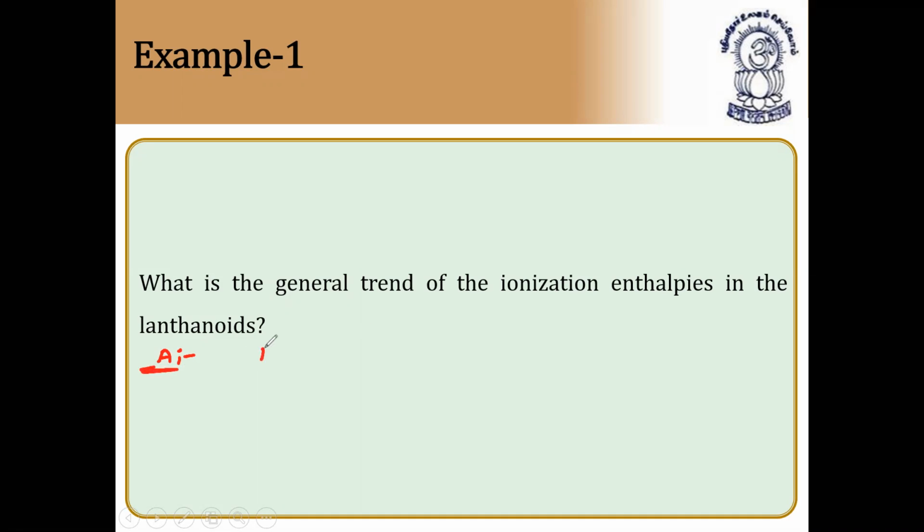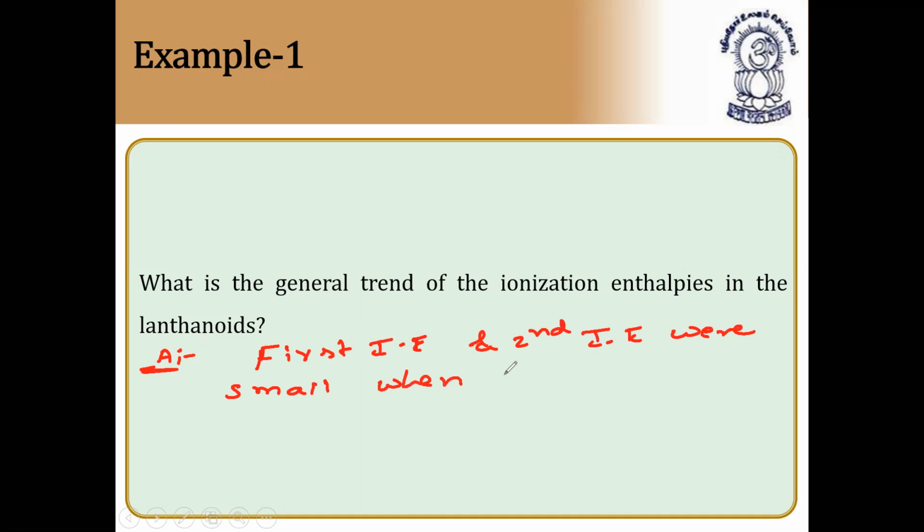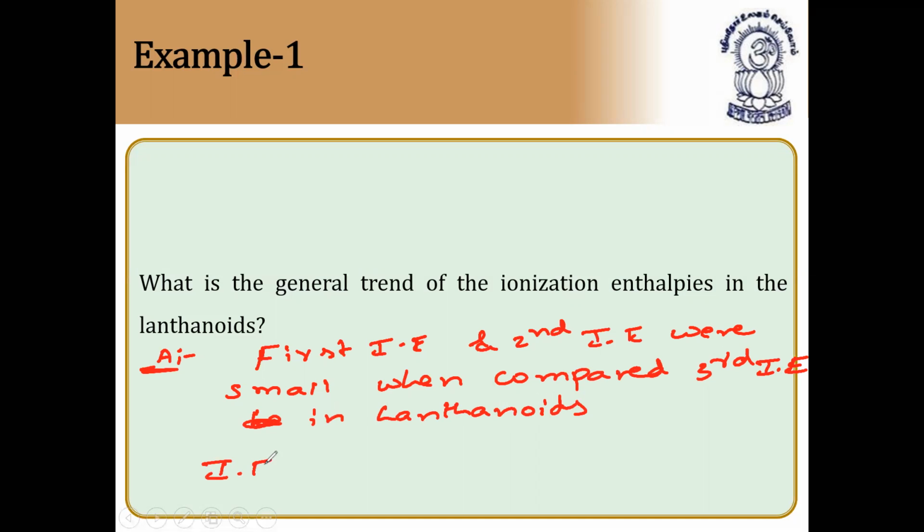The first ionization enthalpy and second ionization enthalpy were small when compared to the third ionization energy because of the configuration in lanthanides. But if you see from left to right, as atomic number increases, ionization energy decreases.